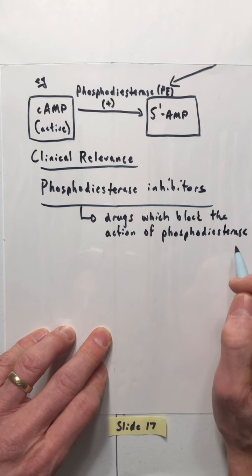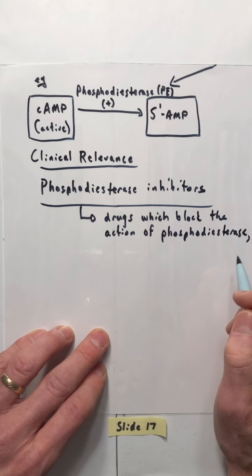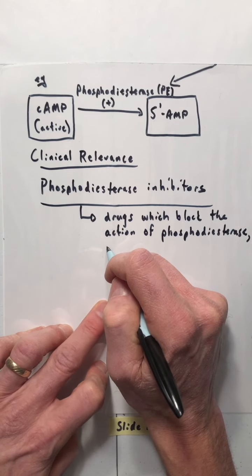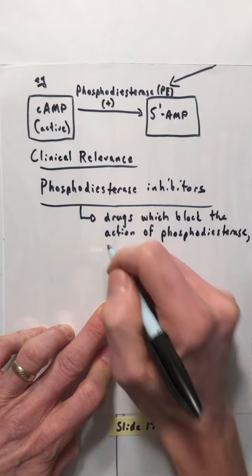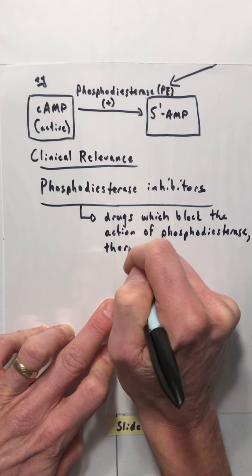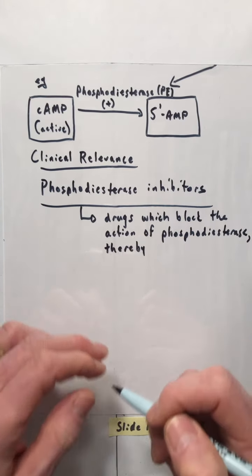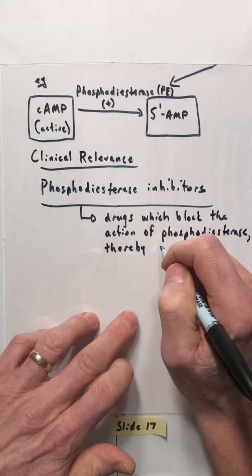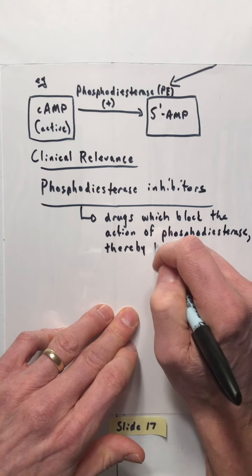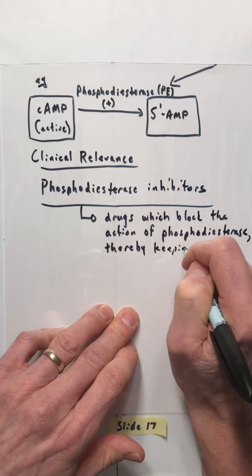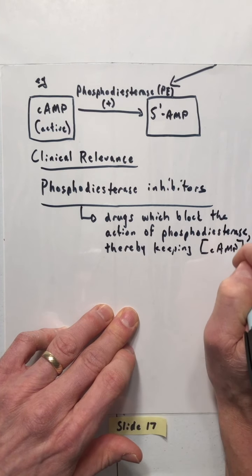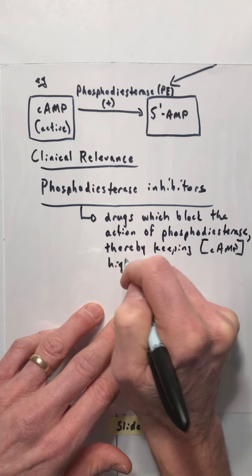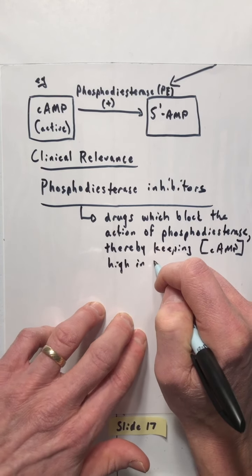All right, so by blocking this enzyme, they block the action of phosphodiesterase, thereby keeping cyclic AMP levels high in the target tissue, keeping the concentration of cyclic AMP high in that target cell or target tissue.